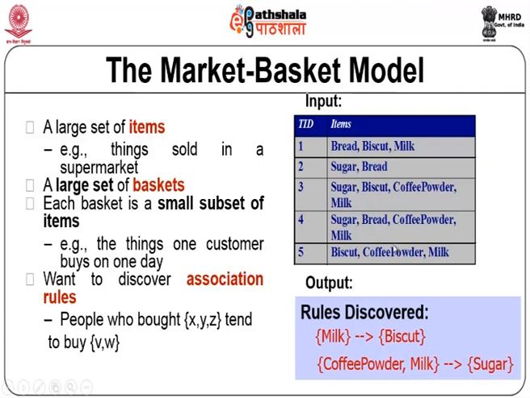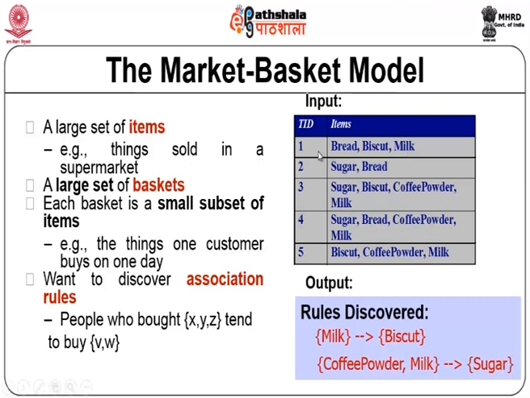These associations are indicated in the form of rules. For example, if a particular person has purchased milk, then there is a chance for the same person to purchase biscuit. This rule has been derived because, from the 5 transactions, you can find biscuit and milk occurring together in many transactions.